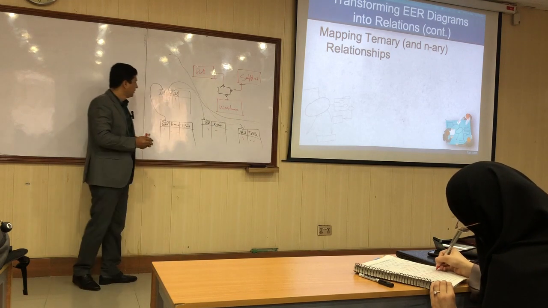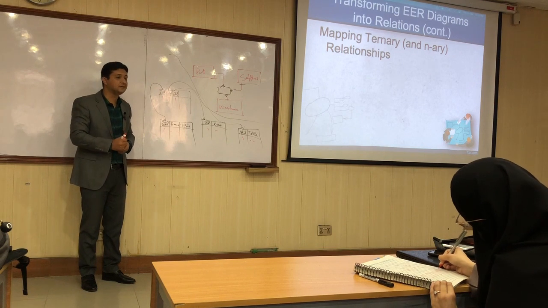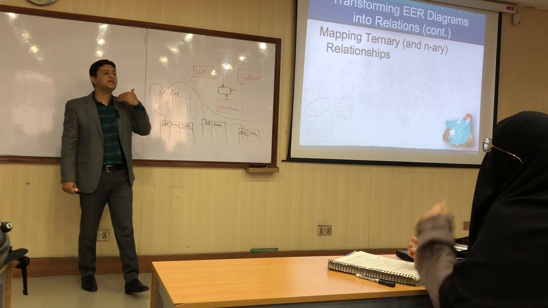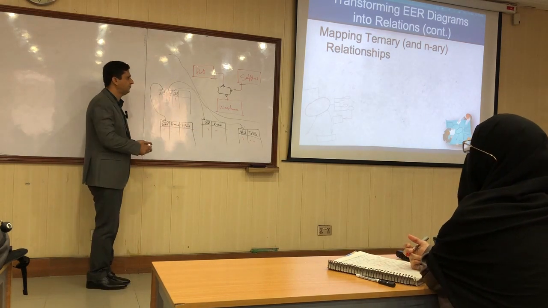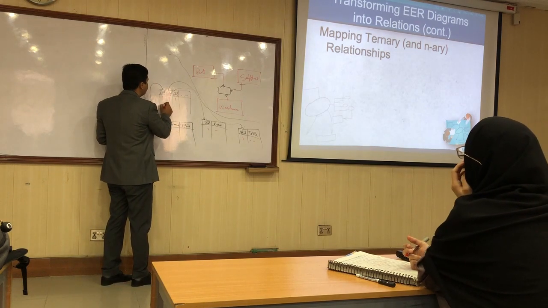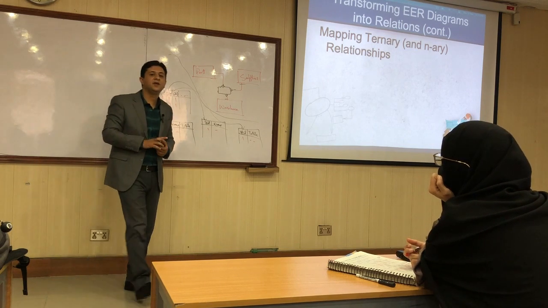Now, if there is a chance of repetition of these values, for example, as per the scenario, let's assume this has been done on a date and on another date, the same combination can be repeated.